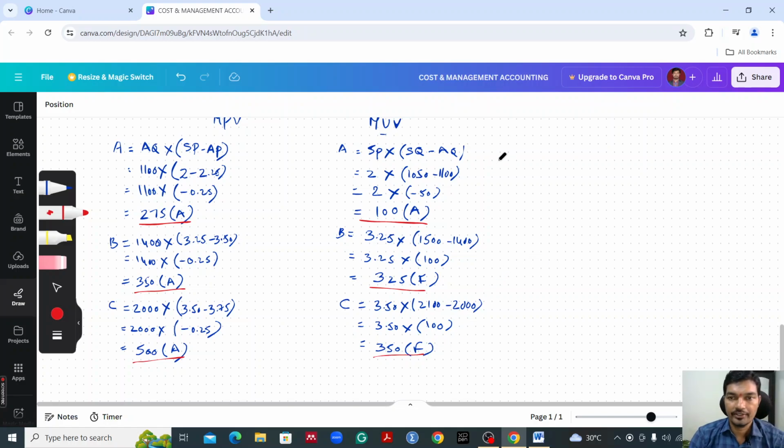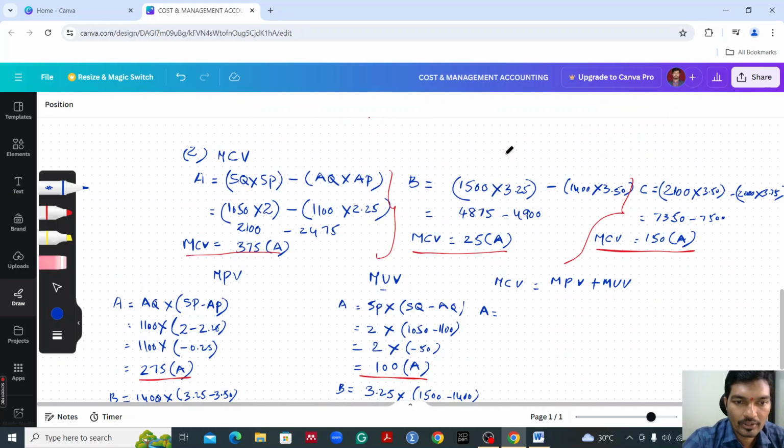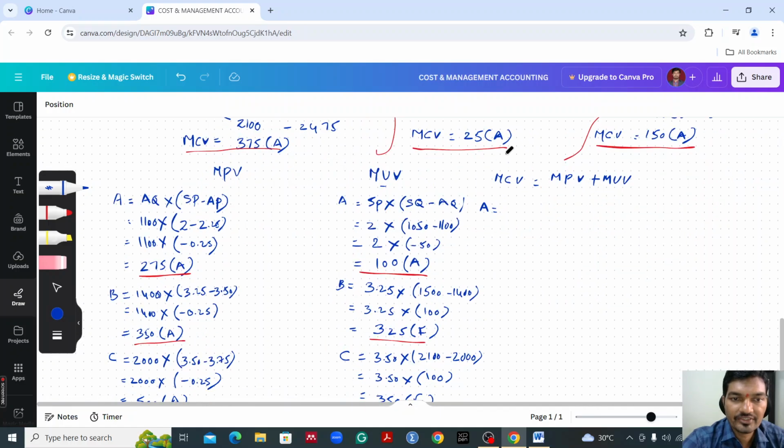So let us verify here. MCV is equal to MPV plus MUV. Product wise we will verify. First, product A. What is the MCV for product A? 375.